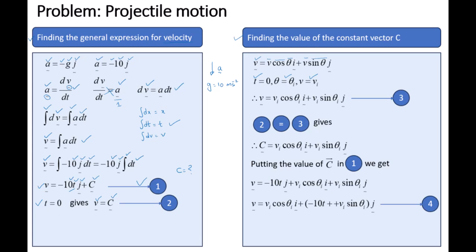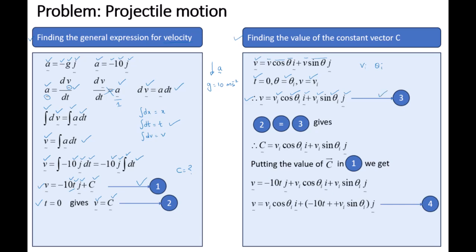So what will be given essentially will be vi and theta i, and therefore with this we can arrive at the initial velocity, which will be vi cos theta i, which you can calculate, times i, plus vi sine theta i, which is also given, times j.